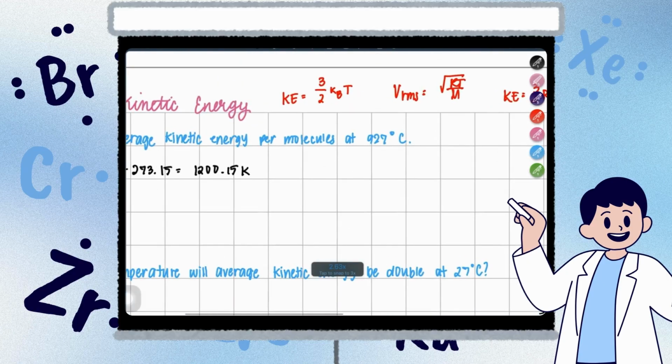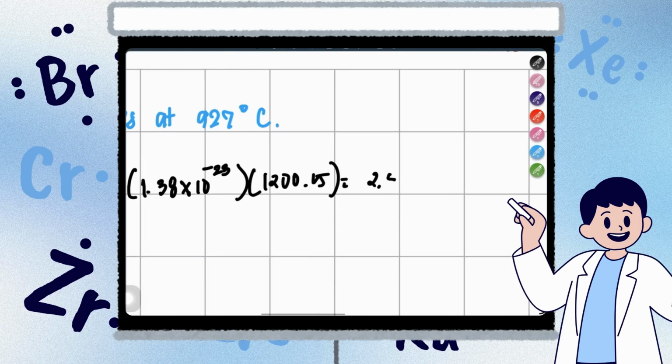Next, we can input our values into the formula, which is 3 halves times 1.38 times 10 to the negative 23 times 1200.15. Then we will get 2.48 times 10 to the power of negative 20 joules for the first problem.